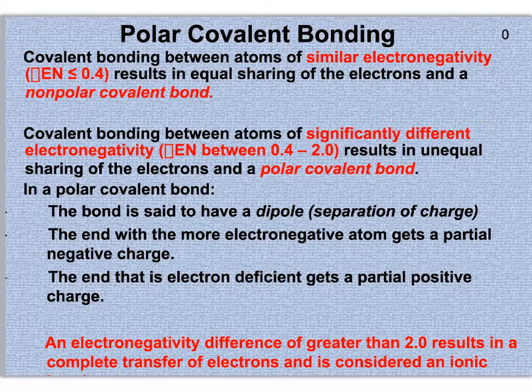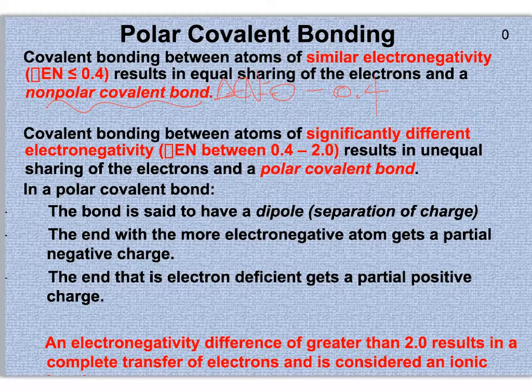Alrighty, so we have actually come up with ranges. I told you that the type of bond really lies on a continuum, but we've come up with ranges of differences in electronegativity, and we use those ranges to classify a bond. So if a bond has a difference in electronegativity between 0 and 0.4, then we call that a nonpolar covalent bond.